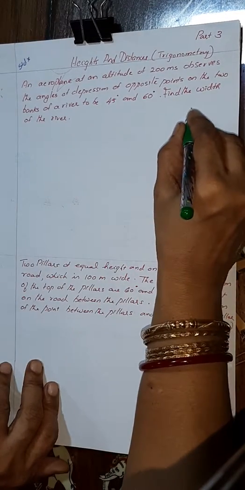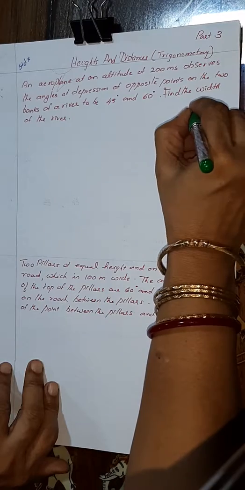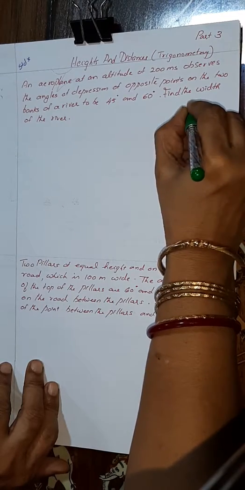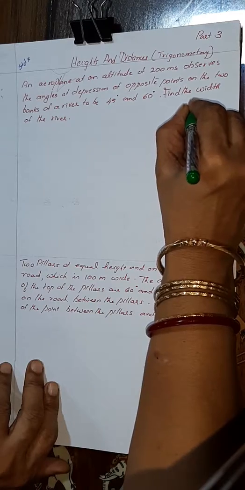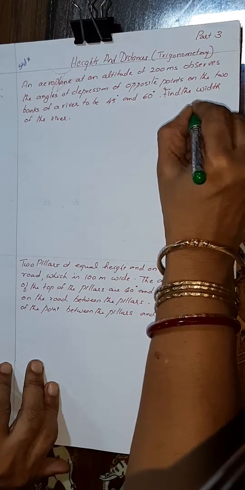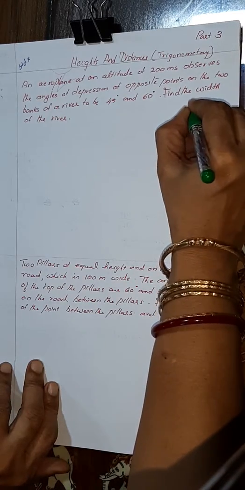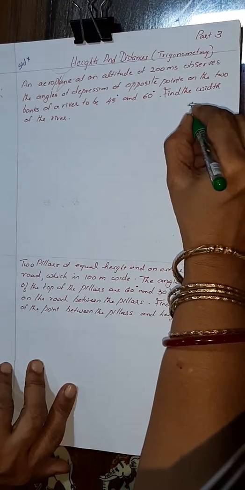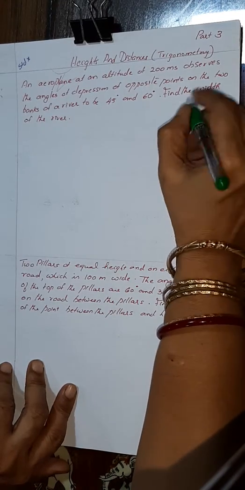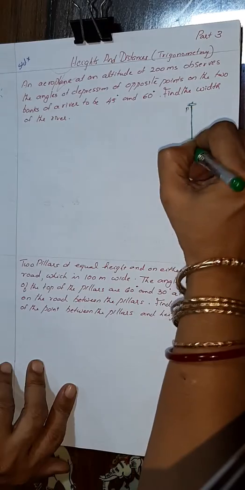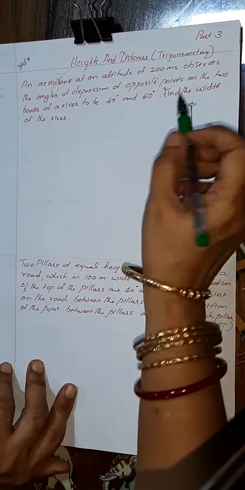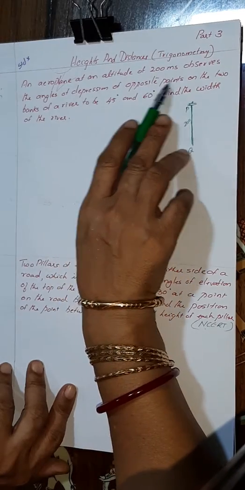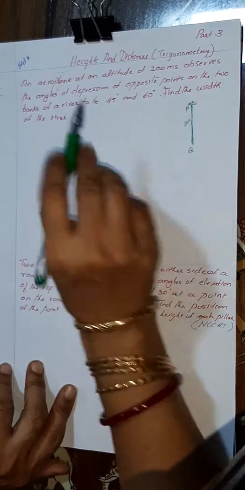So the aeroplane is at this height. So this is the aeroplane. So this height is, let's write P and Q. Height is 200 meters. Observes the angle of depression of opposite points on the two banks of a river.